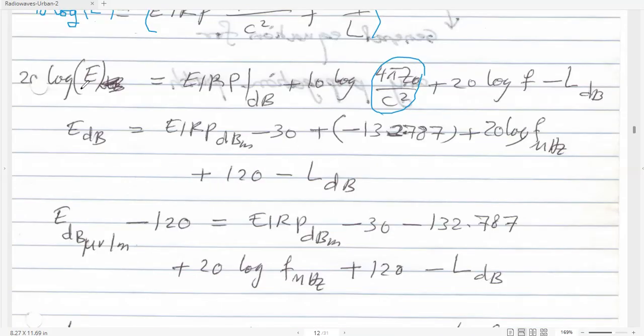Now, the 20 log E is E in dB. This is in dB. If you put it in dBm, we subtract 30. So this is the same as this, equivalent, the same quantity.